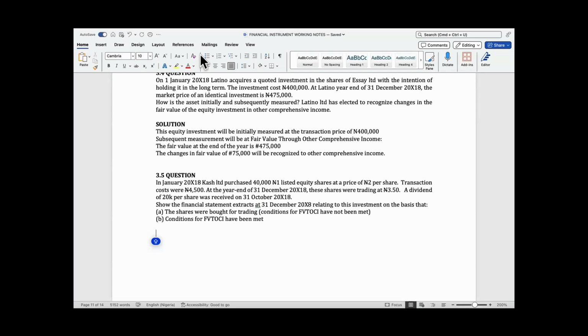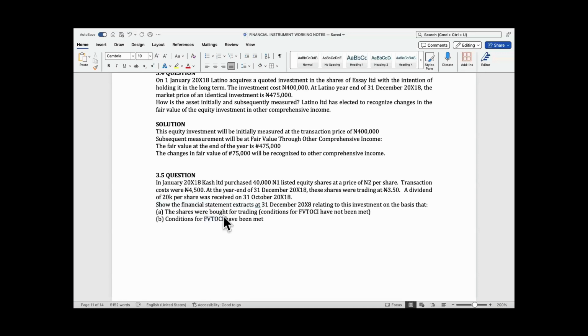So the question said to show the financial statement extracts at 31st December 2018 relating to these investments on the basis that the shares were bought for trading, and that conditions for fair value through OCI have been met.